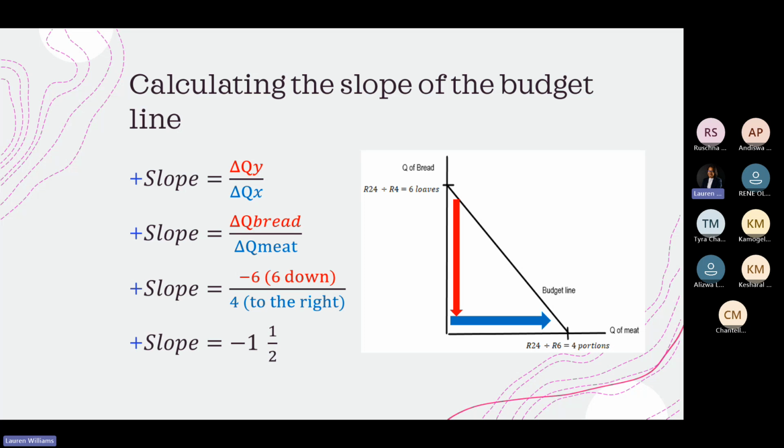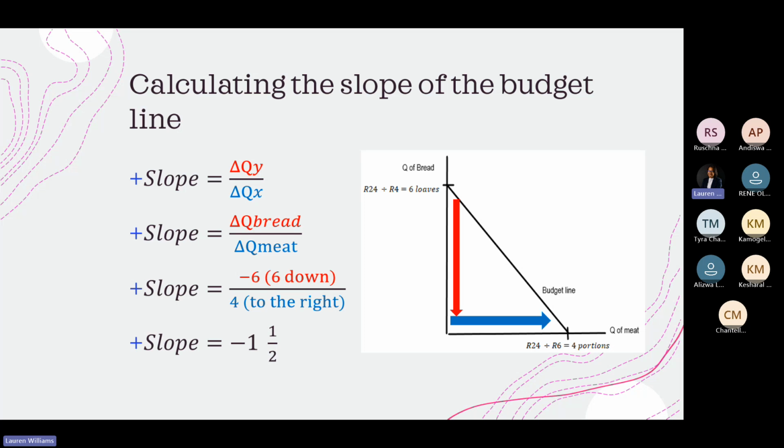Because it's a straight line, the slope of your curve, where we look at the formulas, should be 1.5, I think. Yeah, one and a half, negative 1.5. The reason why your slope is negative is because demand tends to have a negative slope. The demand curve always has a negative slope.